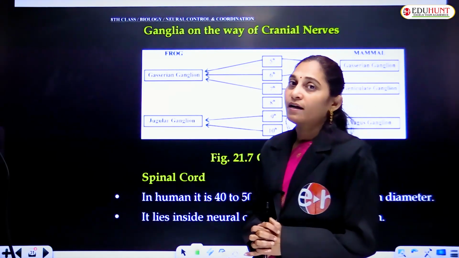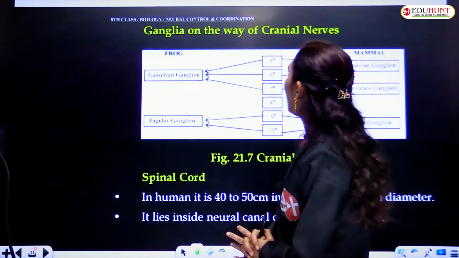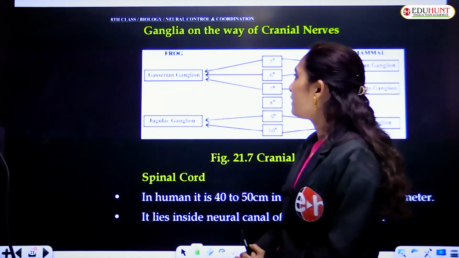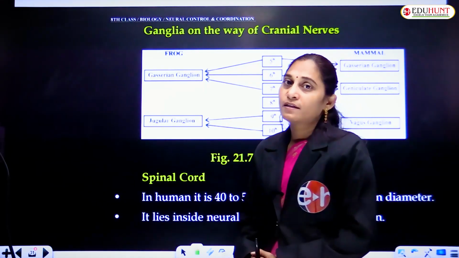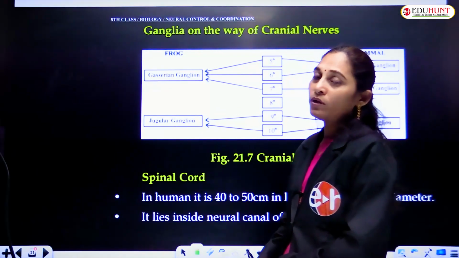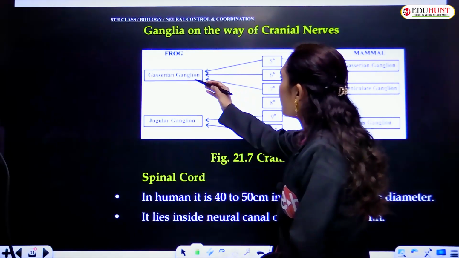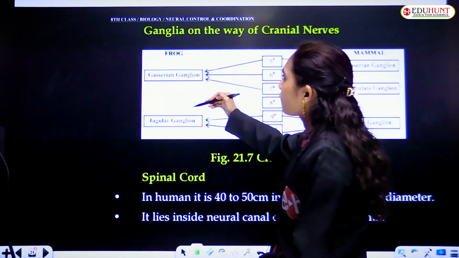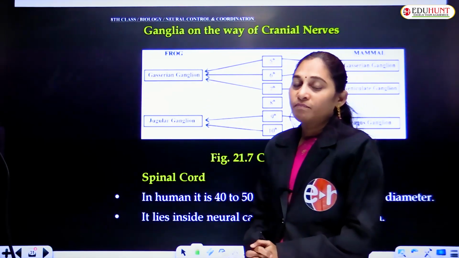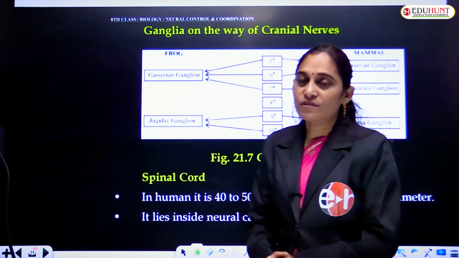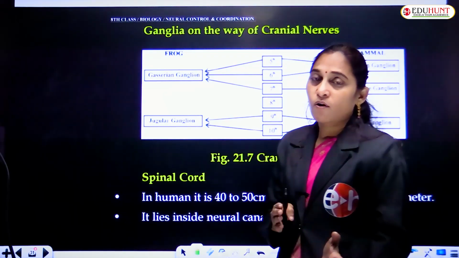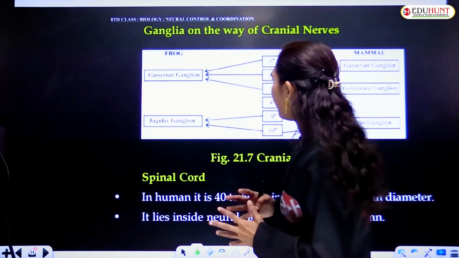Now the ganglia on the cranial nerves. Let us see, focus on the board. These are the ganglia of the frog. We'll do a comparative study between frog and mammal.